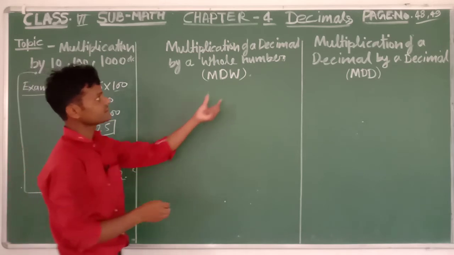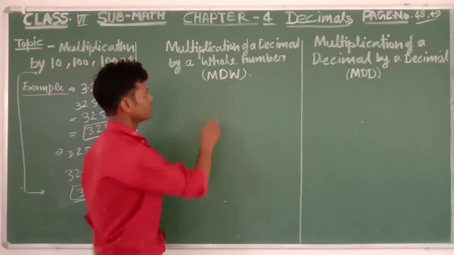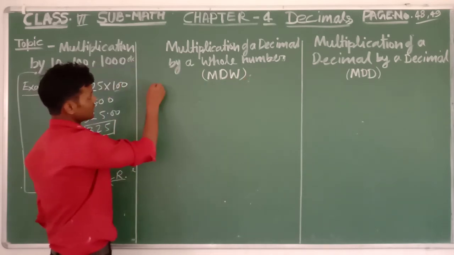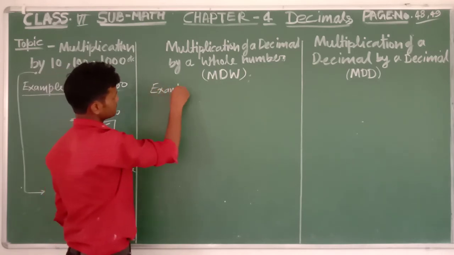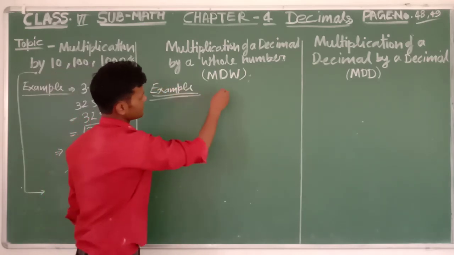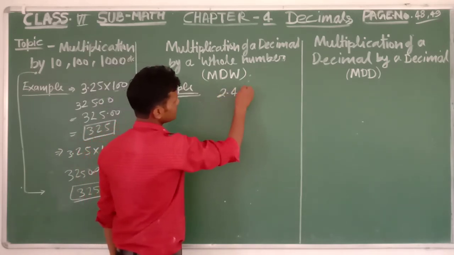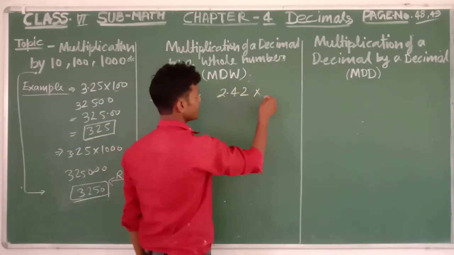Multiplication of decimals by whole numbers, MDW. Multiplication of a decimal with a whole number. So you look here. First we take the example 2.42, and multiply with any whole number.